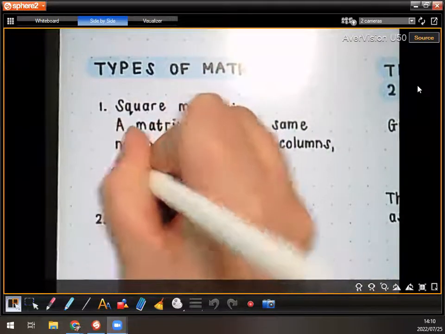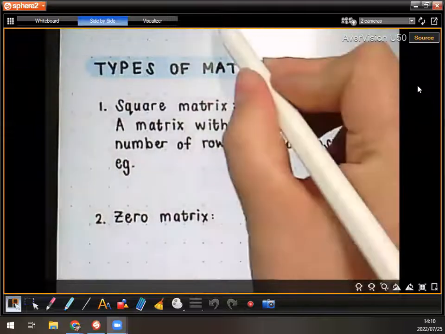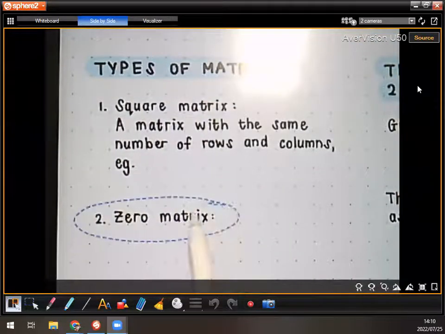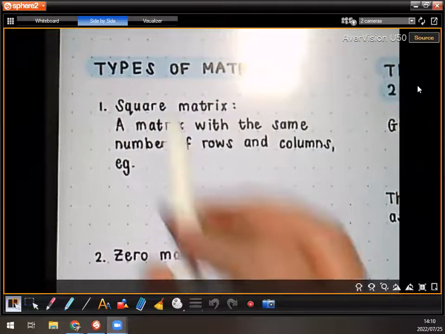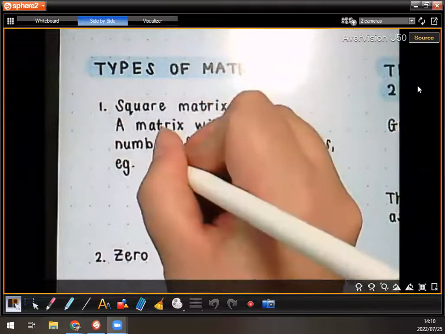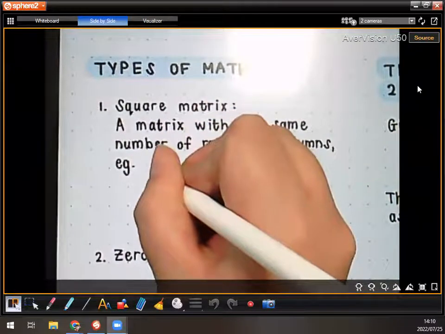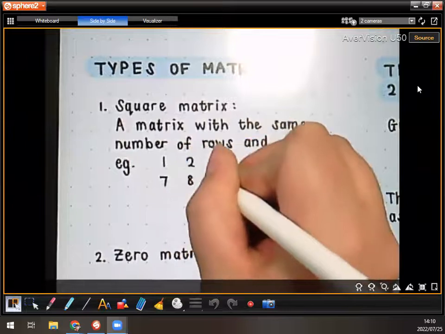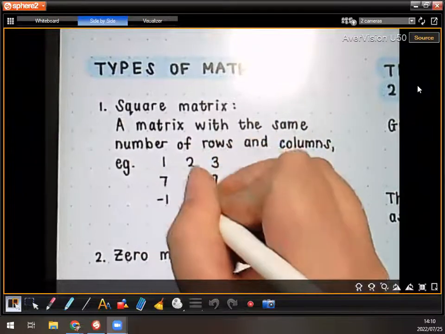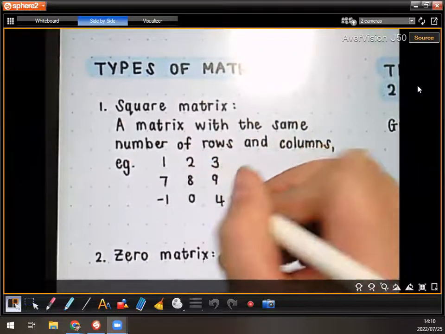For example, if you have 1, 2, 3, and then 7, 8, 9, and -1, 0, and 4.